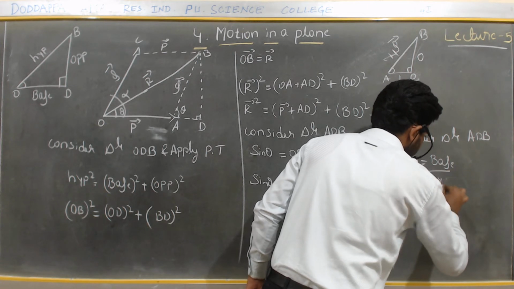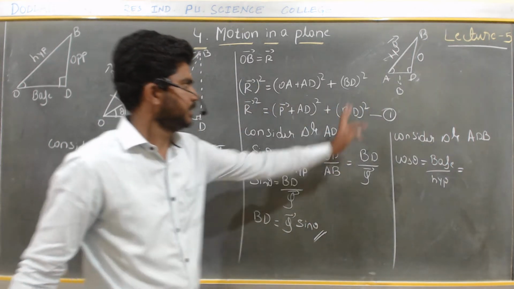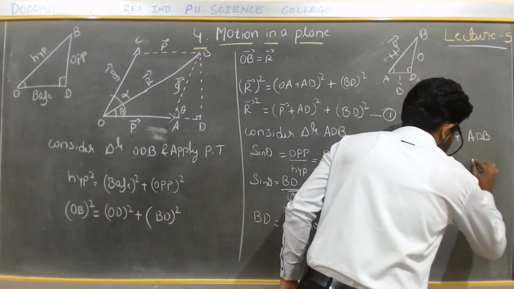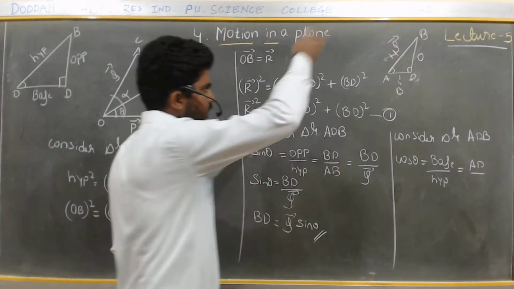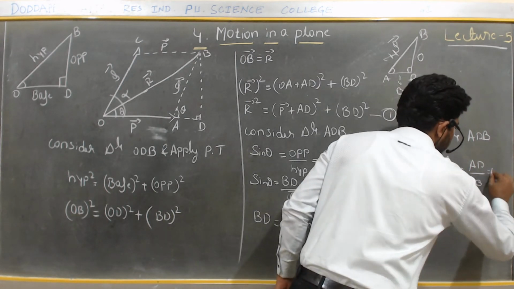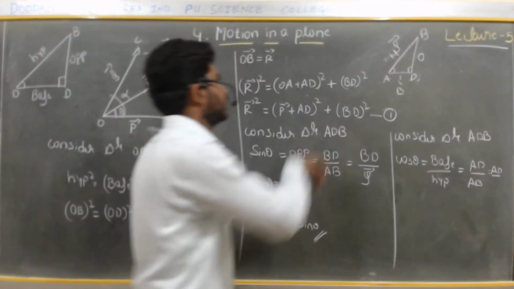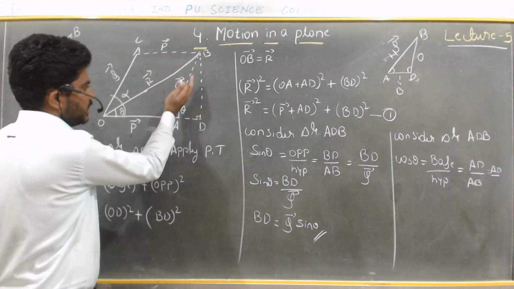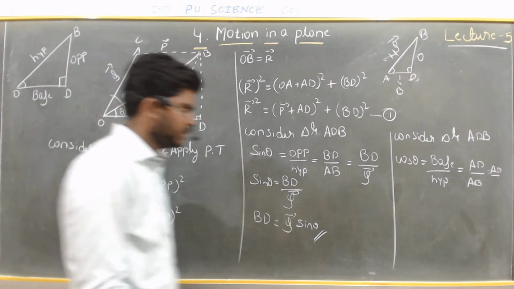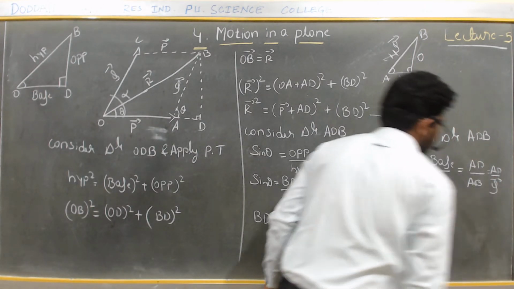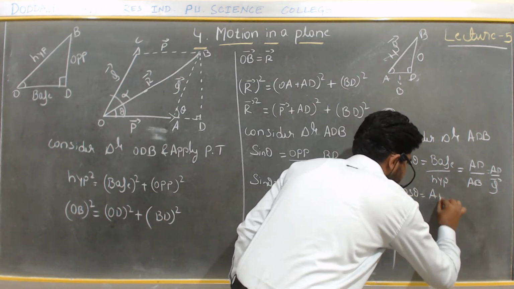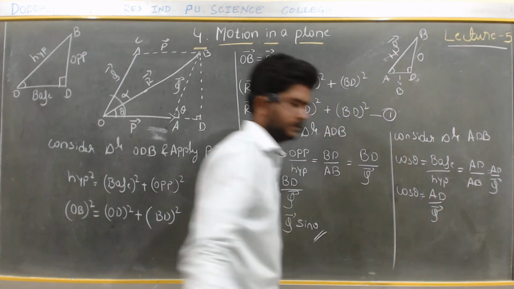Here the base is AD, divided by the hypotenuse, which is again AB. AD value we don't have, so simply write AD as it is. But we have the value for AB. AB is again the Q vector, obtained by taking a parallel line. So finally cos theta is equal to AD divided by Q vector.